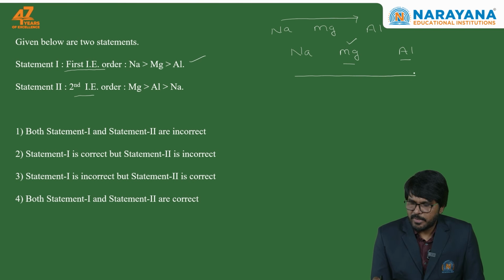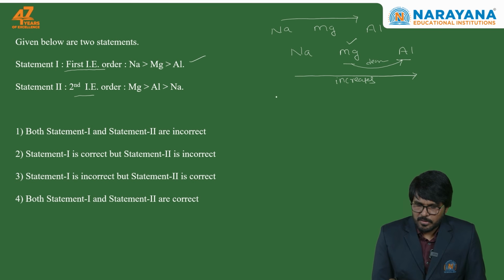So left to right ionization enthalpy increases, but only from magnesium to aluminum the value will decrease. So based on this, the correct order of first ionization enthalpy will be magnesium followed by aluminum, next sodium.